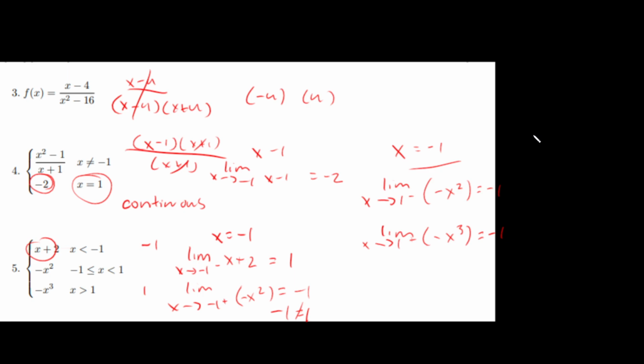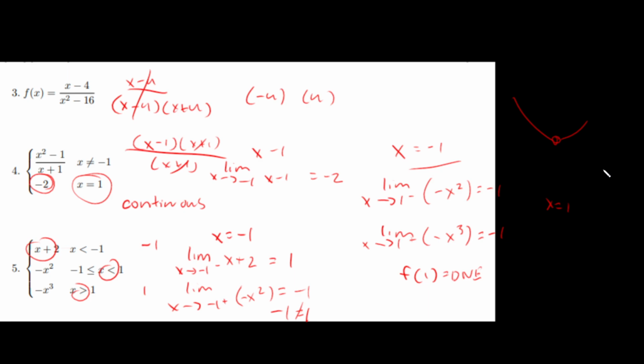But here is the thing: f of 1 does not exist, because if we look at the problem again, this is a less than, this is a greater than, but there's never an equal to sign. So although they meet at the same number, there's going to be a hole there, because at x equals 1 there's not actually a value there.